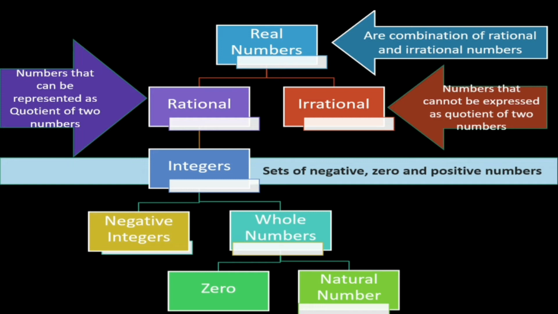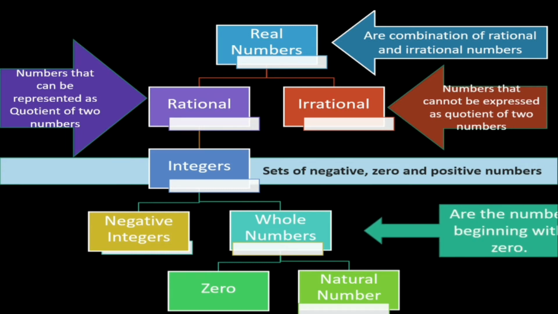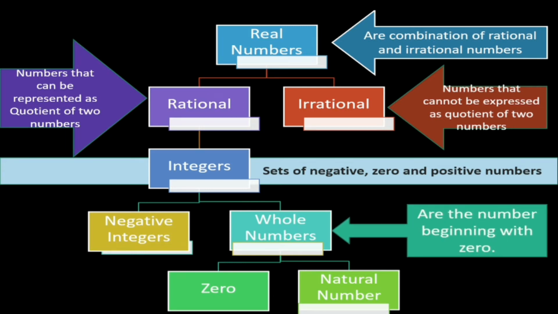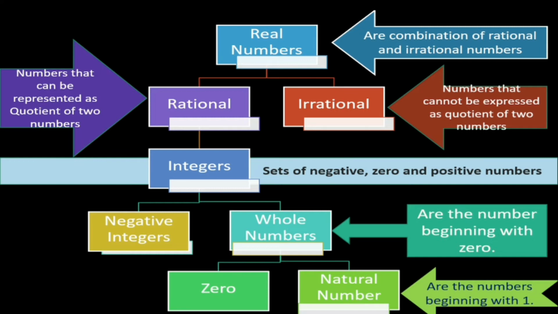Okay, so these are the integers. Next, we have the negative integers and the positive, and the whole numbers. The whole numbers are the numbers beginning with 0. And we have the natural numbers.